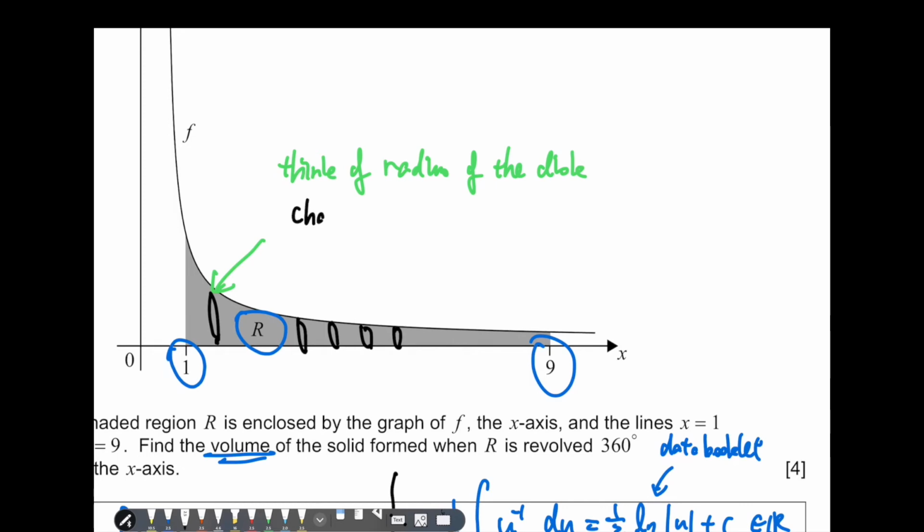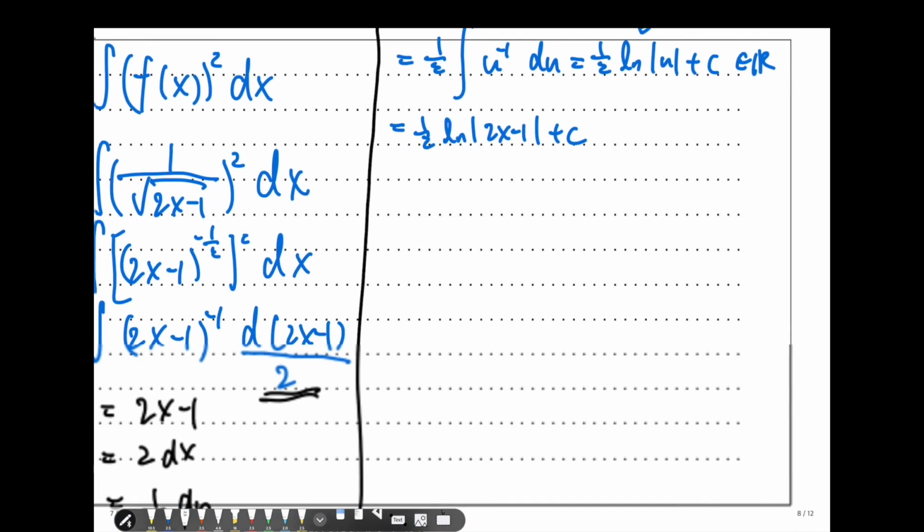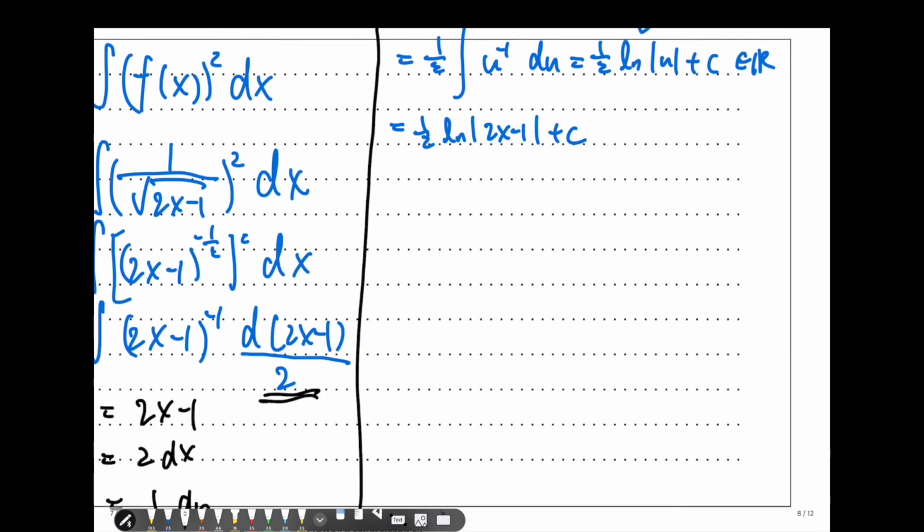So it changes from x equal to 1 to x equal to 9. We have to sum all these variables up, so we have to do the integration of all the areas from 1 to 9. That is the volume.